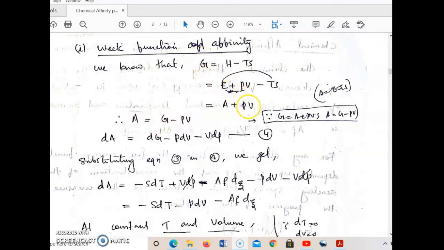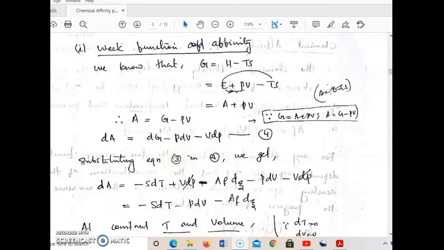Now imagine there is an infinitesimal change in Helmholtz free energy A. Then there will be associated changes in Gibbs free energy and the pressure-volume terms. So dA will be equal to dG minus P dV minus V dP. Let that be equation 4. Now we have to substitute equation 3 in equation 4. Try to find equation 3 from the previous video or your notes.